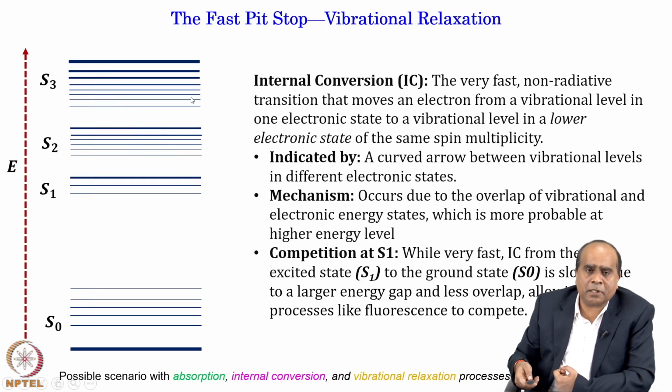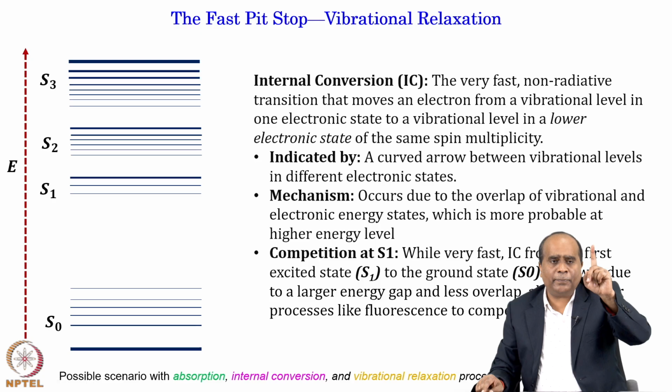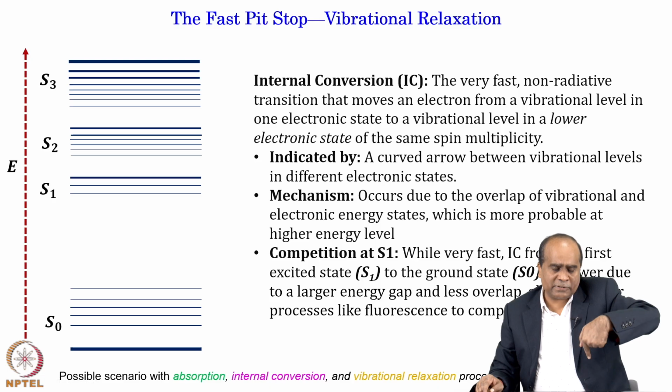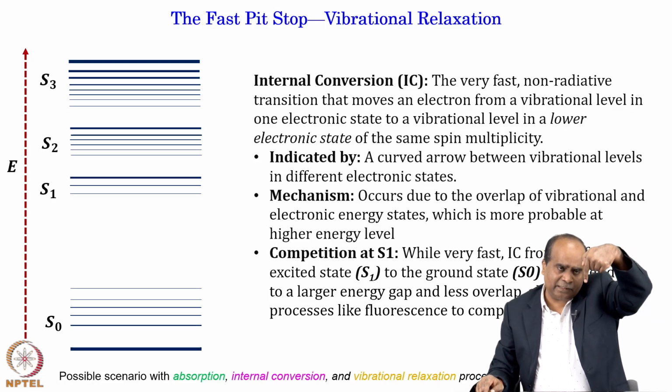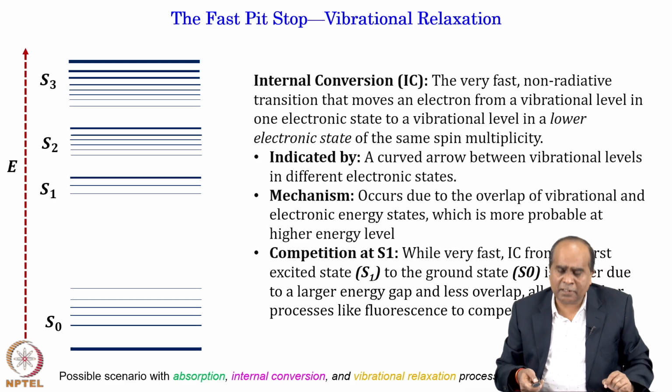That is called internal conversion, right. But remember one thing: if the electron has gone up, it will come back as above. So, spin multiplicity is not changing. If it is going from ground state to excited state, it will come down the same way. So, no spin multiplicity change is happening here.